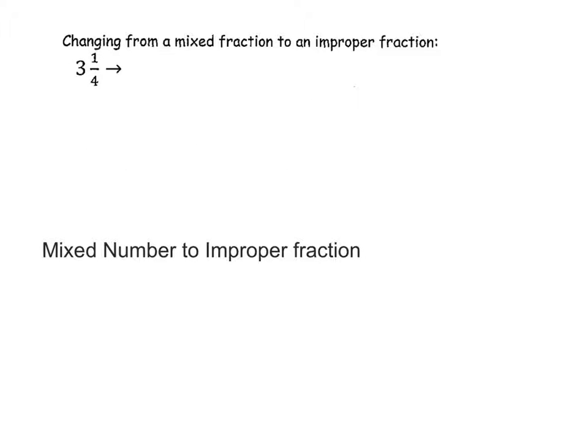All right, so we need to practice changing from a mixed number to an improper fraction, and then the backwards of that, changing from an improper fraction to a mixed number. All right, I fixed it. So this is the first one, mixed fraction or mixed number to an improper fraction. I have 3 and 1/4. Does anybody remember how to change it? Yeah, you do.